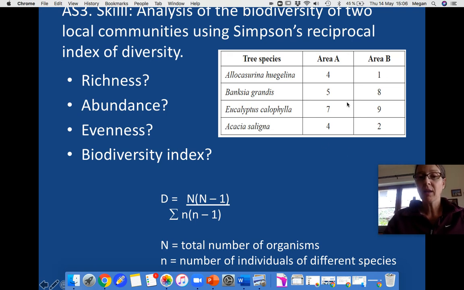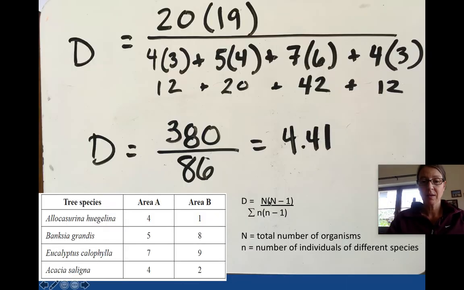So I'm going to do the calculations for area A and give you an example for that. Okay, so here's the equation. Diversity equals the total abundance times the total abundance minus 1. So 20, I told you, 20 times 19. And then underneath is the sum of each of the individual populations.